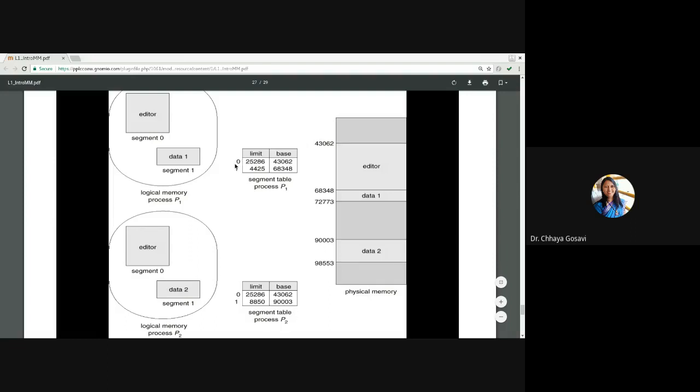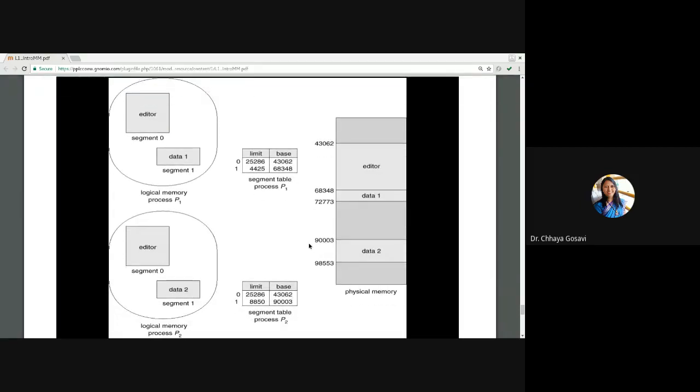In case of paging, we have page number and frame number, page number and offset. In case of segments, we should have limit and base because the size of each segment is different. So the segment table contains two entries, limit and base. Limit is the topmost value and base is from where it will start.